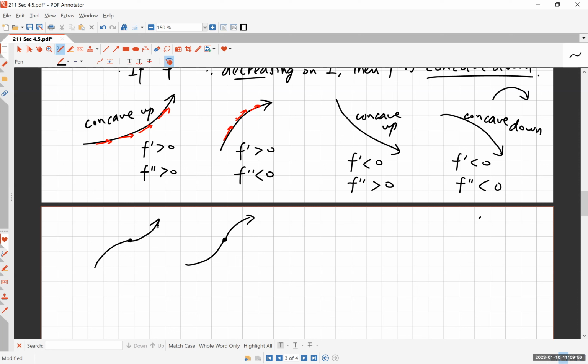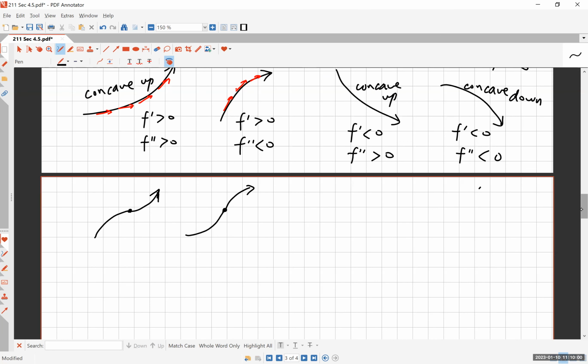In both of these cases, the function is continuously going up, but this is going from concave down to concave up. The second derivative here is negative, and over here, the second derivative is positive. So guess what happens to the second derivative here? Yeah, it's 0.